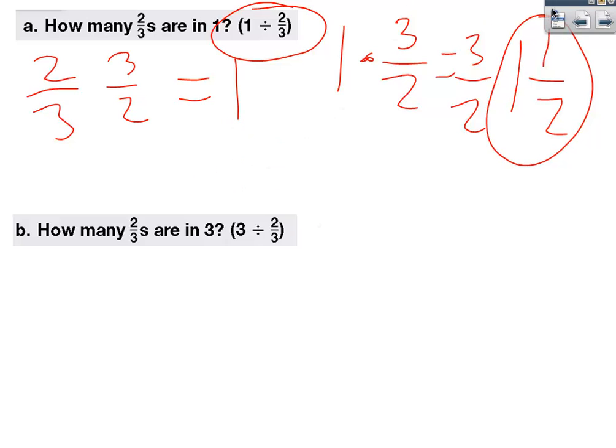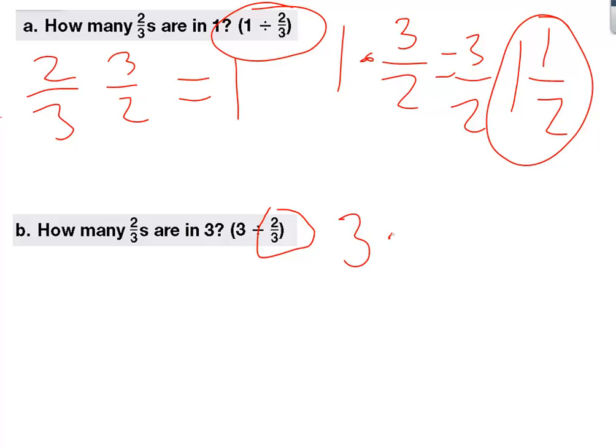If you look at this bottom number, how many 2/3 are in 3? Same thing, 3 divided by 2/3. So we're going to multiply 3 by the reciprocal of the divisor.